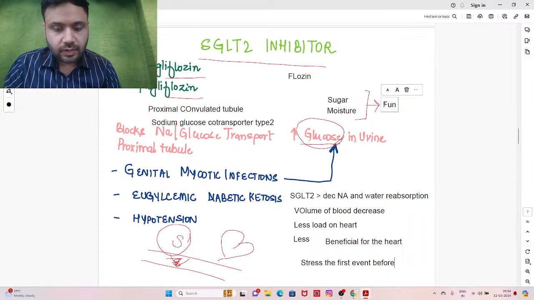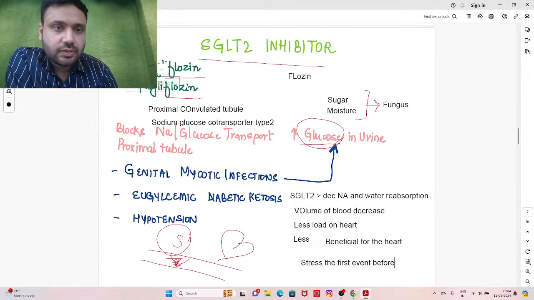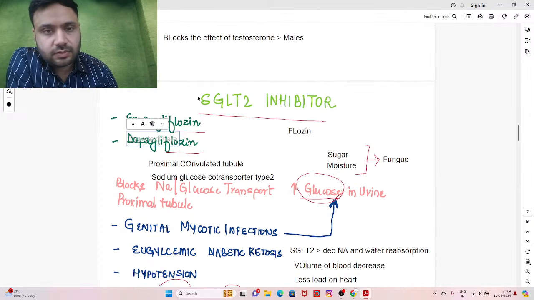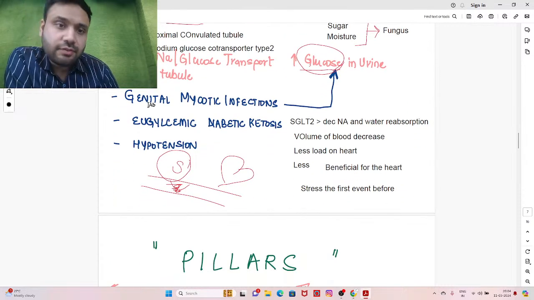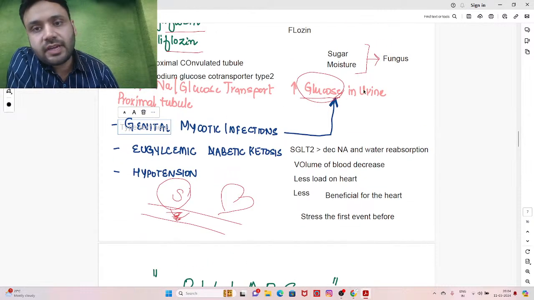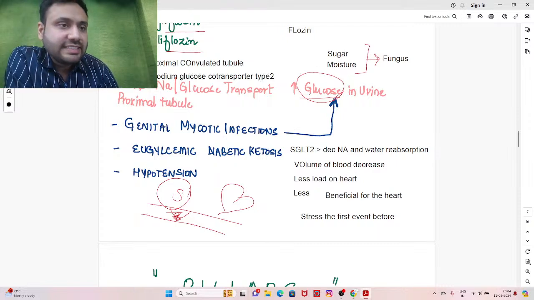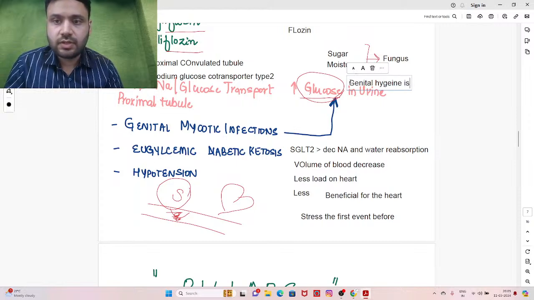So patients who are given dapagliflozin, empagliflozin, or the SGLT2 inhibitor class are at increased risk of genital mycotic infections, because you give them an ideal environment to grow, that is sugar and moisture. So genital hygiene is important.